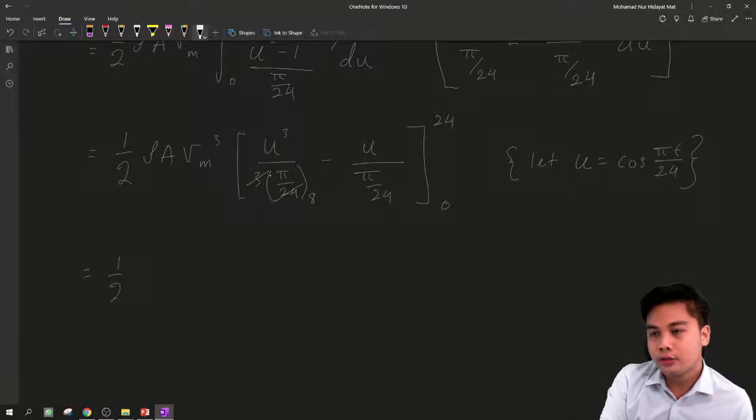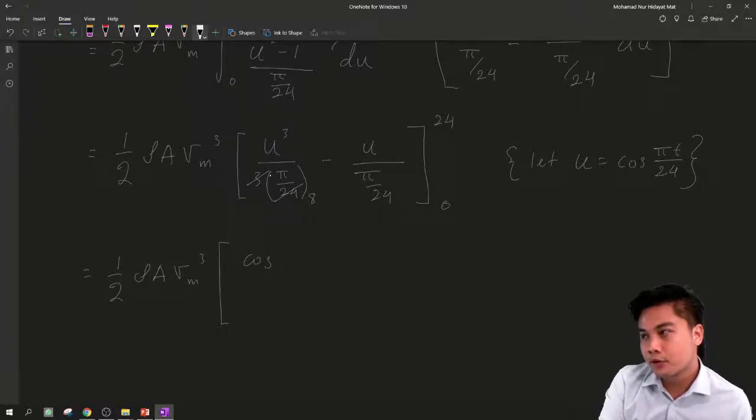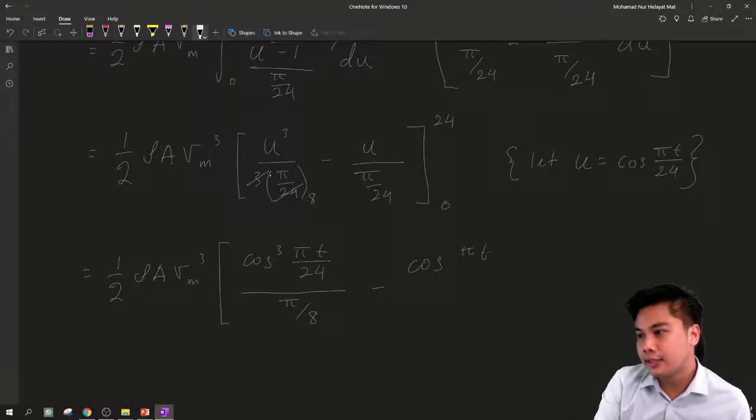So 1 over 2 rho A Vm cubed, integration of u cubed is cos cubed pi t over 24 over pi over 8, minus cos pi t over 24 over pi over 24.